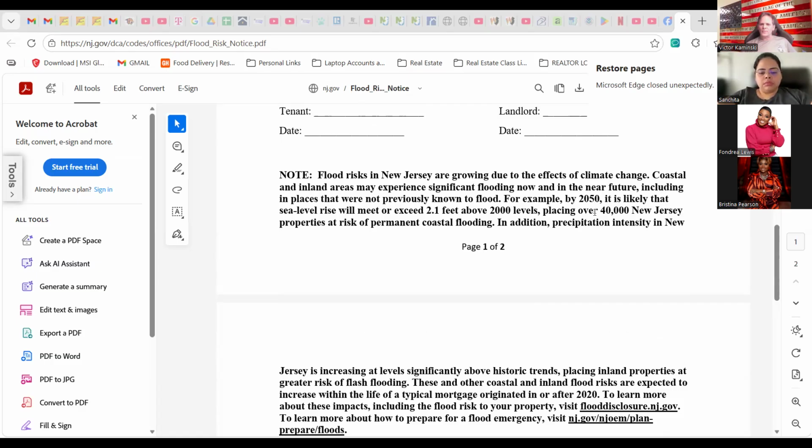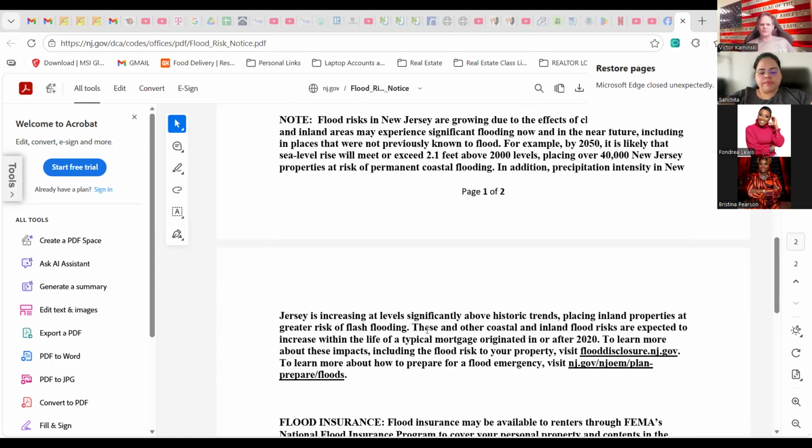For example, by the year 2050, it is likely that sea levels will meet or exceed 2.1 feet above year 2000 levels, placing over 40,000 New Jersey properties at risk of permanent coastal flooding. In addition, precipitation intensity in New Jersey is increasing. No, it's not. At significant levels above historic trends.